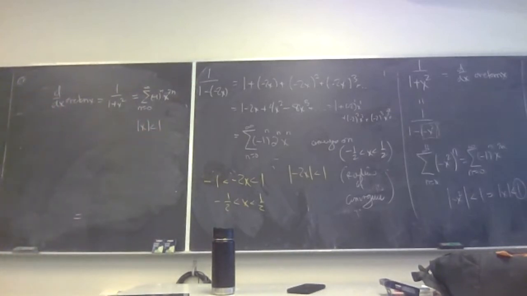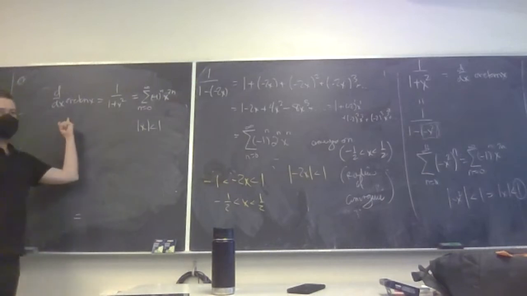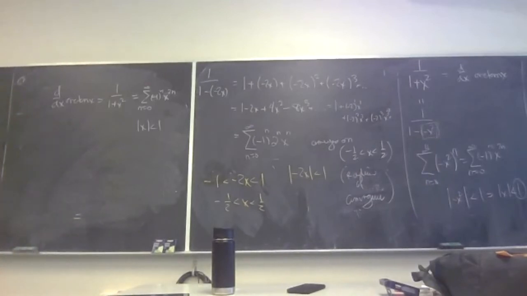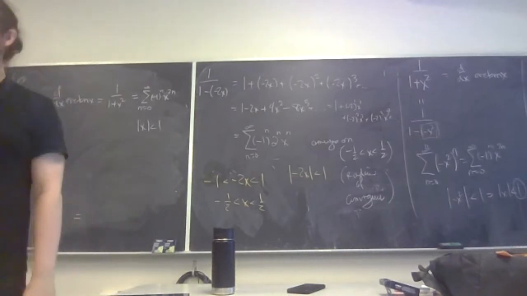If only there was a way that I could take that power series, which is the derivative of the arctangent, and turn it back into the arctangent. If only. So how do you undo derivatives? Integrals.